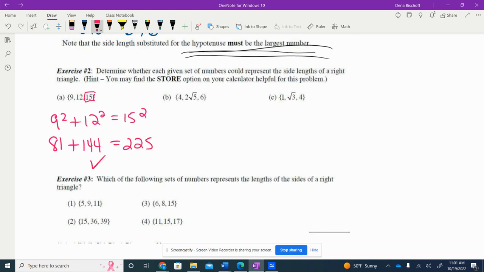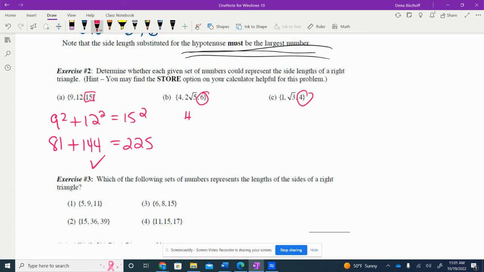That works. All right, so we need to figure out which is bigger. 2 times the square root of 5, or the number 6. So the number 6 is the larger number here.